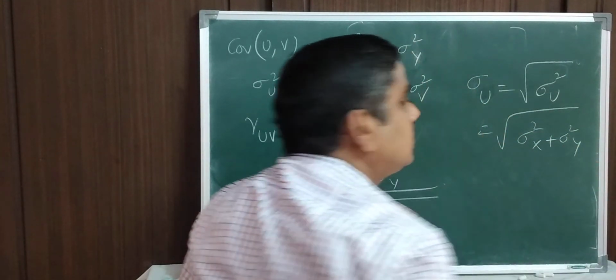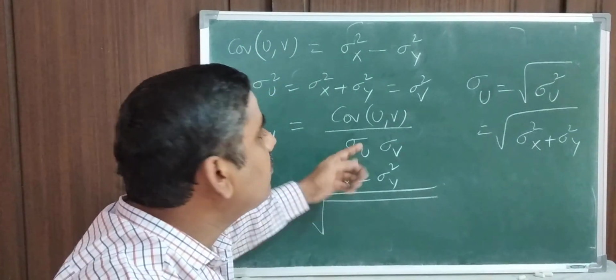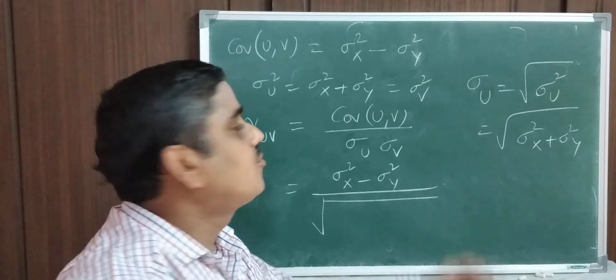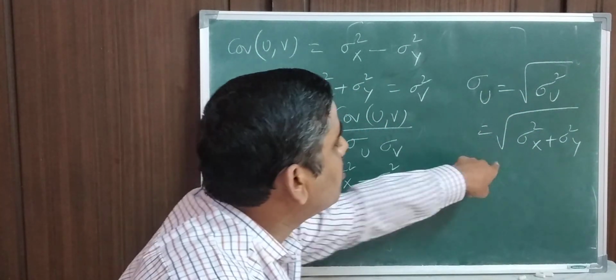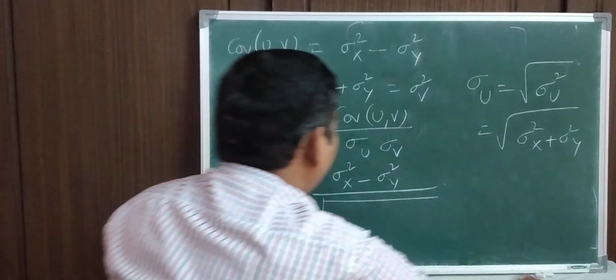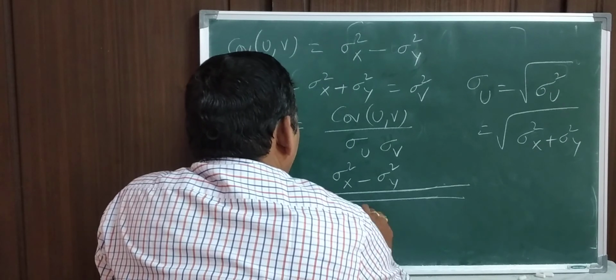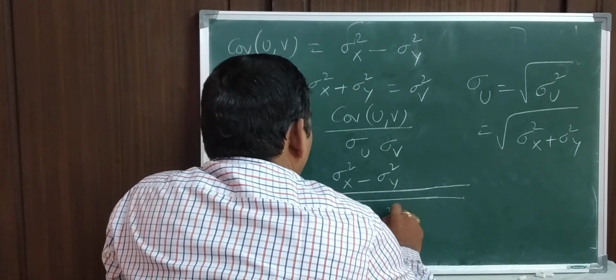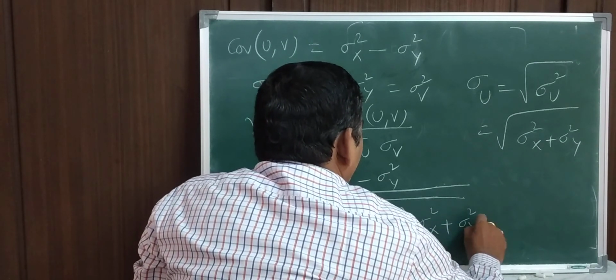Do you understand this? Sigma square u I have calculated, but in the formula we have sigma u. So that's what I am writing: both sigma u and sigma v are square roots of sigma square x plus sigma square y, multiplied by sigma square x plus sigma square y.